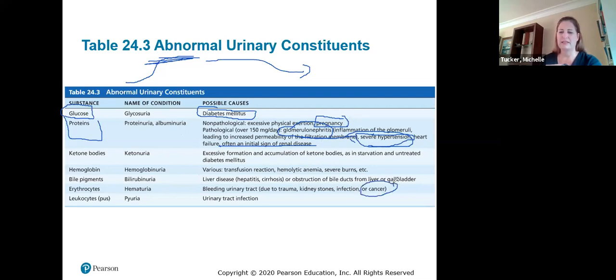One of the interesting things about stomach cancer is that it will show up as blood in the urine, and it's one of the few indicators of early disease for stomach cancer. Leukocytes, so white blood cells, indicate urinary tract infection. So you might see a few of these in some form of a question on the exam as to possible cause and what's happening.